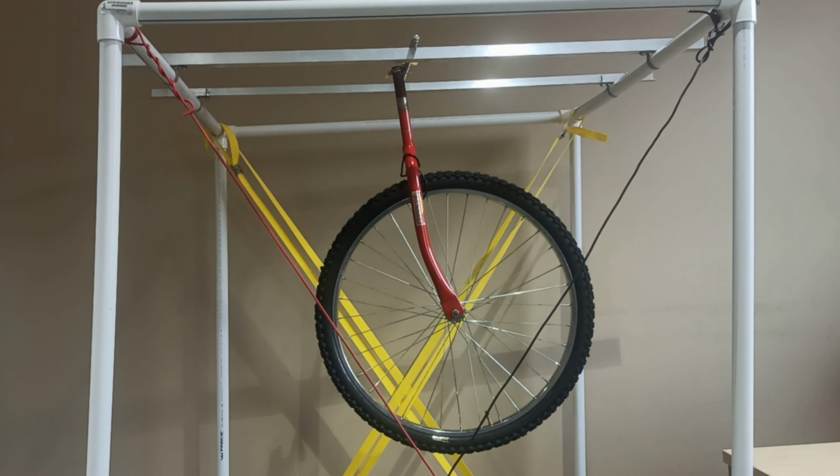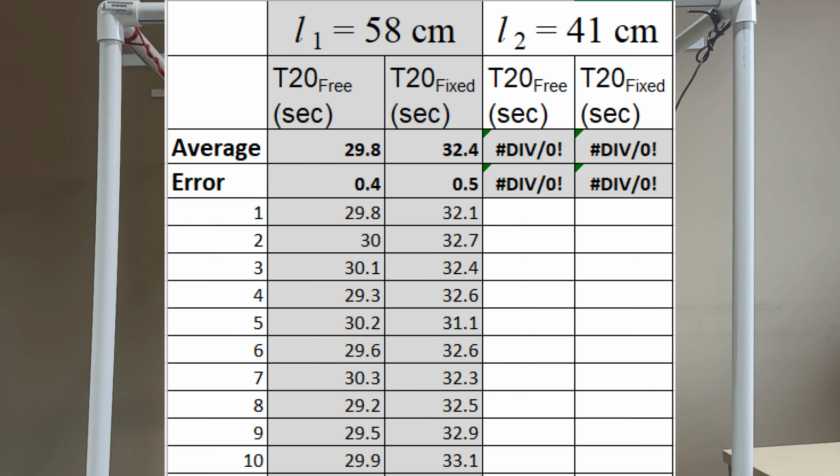So what we see is that in this case, when the wheel is fixed with the rod, we are getting an average time per 20 oscillations of 32.4 seconds, and we have an error of plus minus 0.5 seconds for this case.